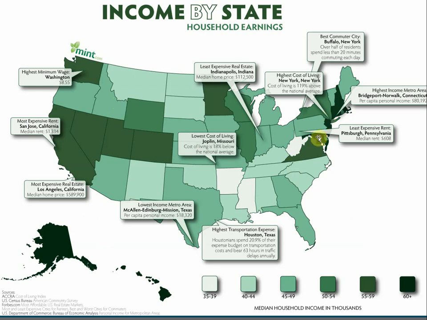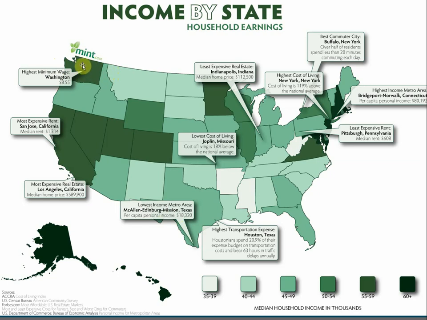So places like New Jersey, Maryland, California, Alaska, Hawaii, whatnot, they're going to have very, very high median household incomes, whereas some places like Mississippi, Arkansas, and kind of the Midwest and Texas, we're going to have lower median income rates. Now, they just added extra tracks on here to show some stuff. So like Washington, they have the highest minimum wage of $8.55 an hour at the time that this map was created. And they have slightly higher median incomes in their state.